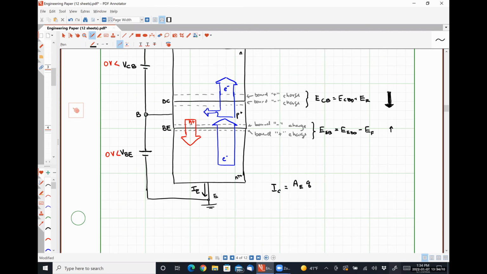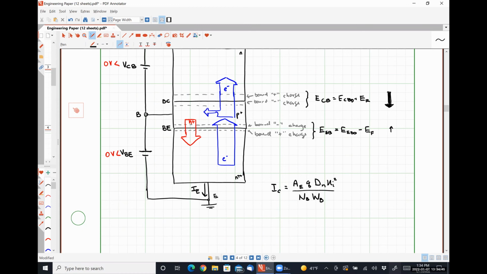multiplied by Q, the elementary charge, Dn, which is the electron diffusivity in the base region, times Ni squared, divided by NB WB, where NB is the dopant concentration in the base region.